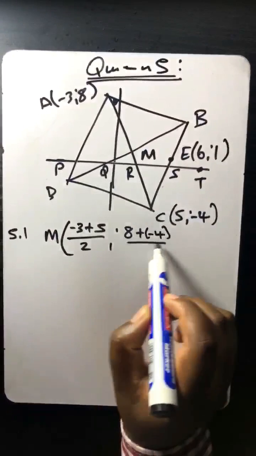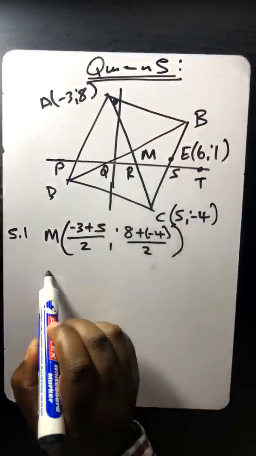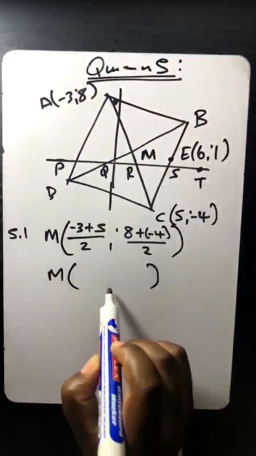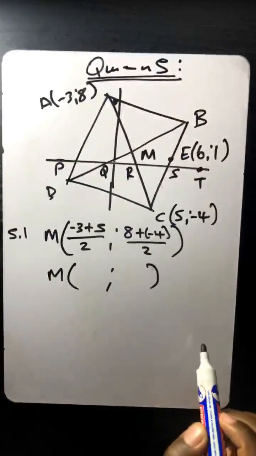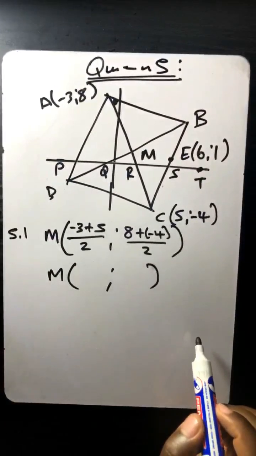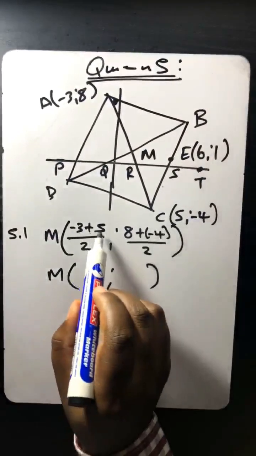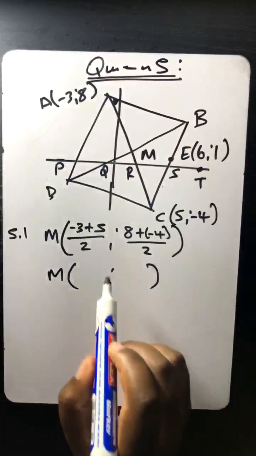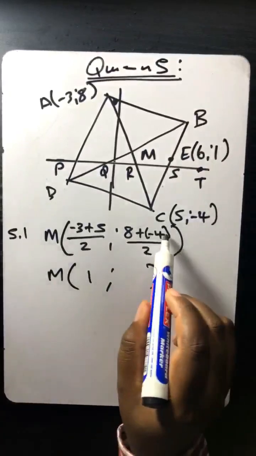Remember, guys, I'm doing this very quickly because we have done all of this many times, so we try not to waste time. What is 5 minus that? Is it not 2? 2 over 2 is 1. What is this minus that? Is it not 4?